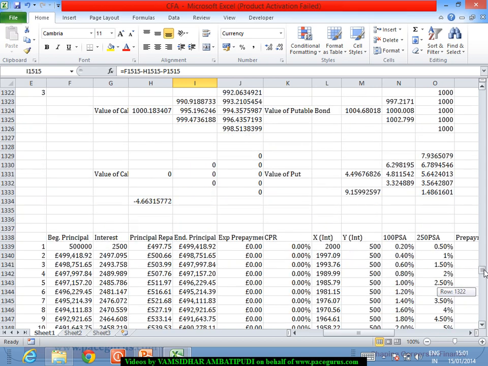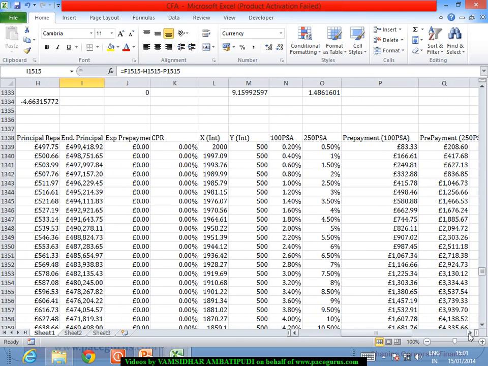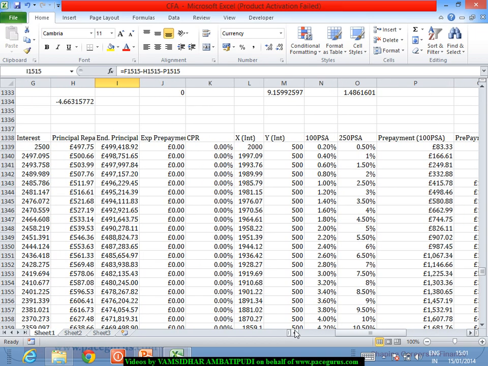So I should look out for, these are my prepayment amounts for each of the periods.